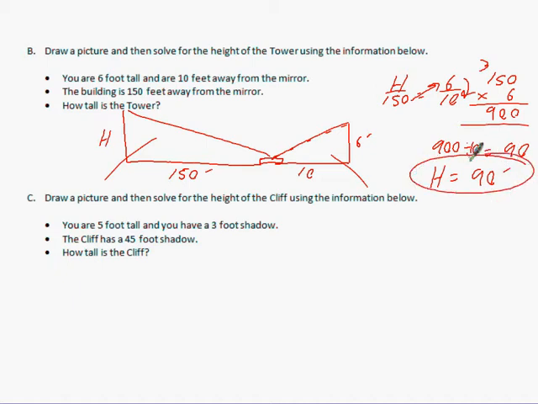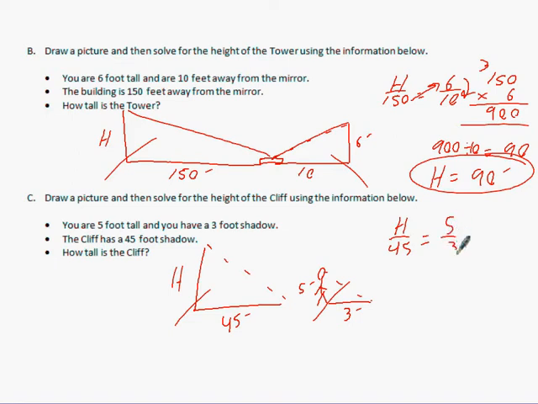Next up, draw a picture and then solve for the height of a cliff, so another cliff, using the information below. You are 5 foot tall, so here's you. Draw a stick figure this time. And you have a 3 foot shadow. The cliff has a 45 foot shadow. How tall is the cliff? Cross multiply and divide. Height over ground.